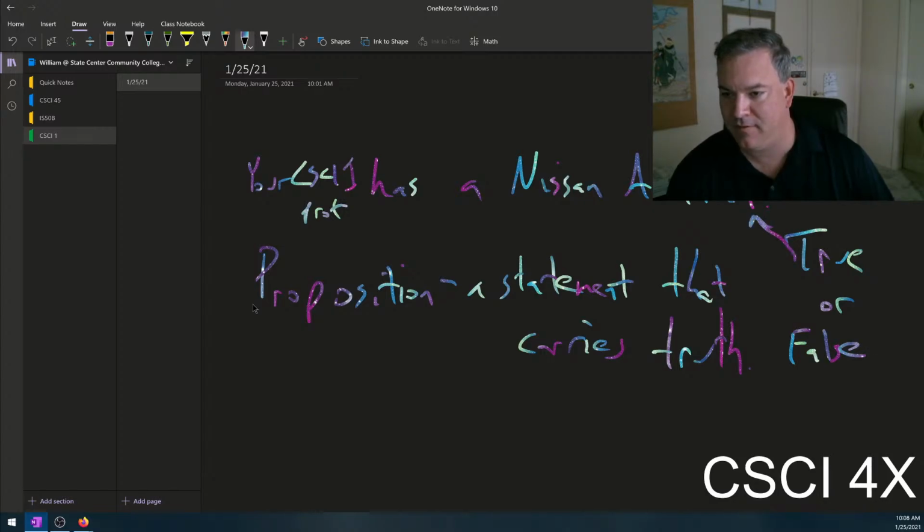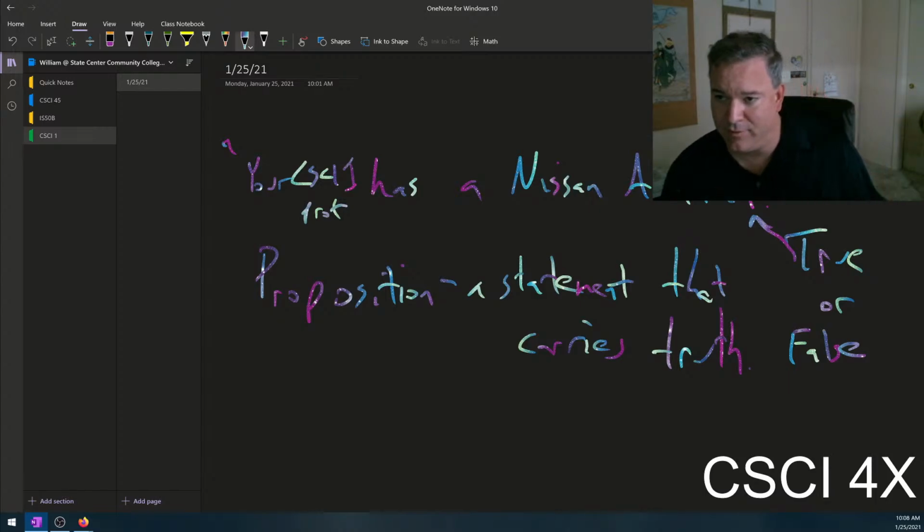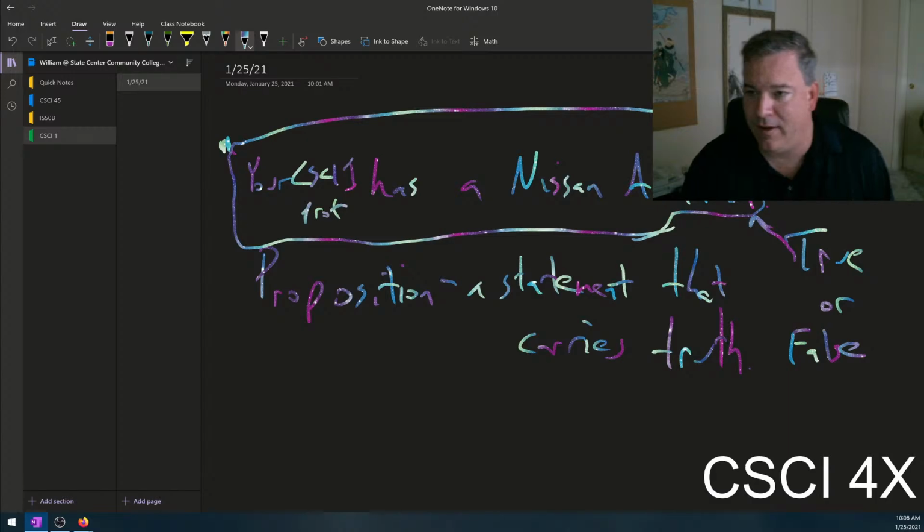So this statement here, your CSCI 1 professor has a Nissan Altima, is either true or false. This is a claim about reality, and we're going to talk about different theories of truth and stuff like that. But in this case, we'll just stick to the simplest basics. And this sentence is true if I do actually have a Nissan Altima, if I do own one. And it is false if I do not.